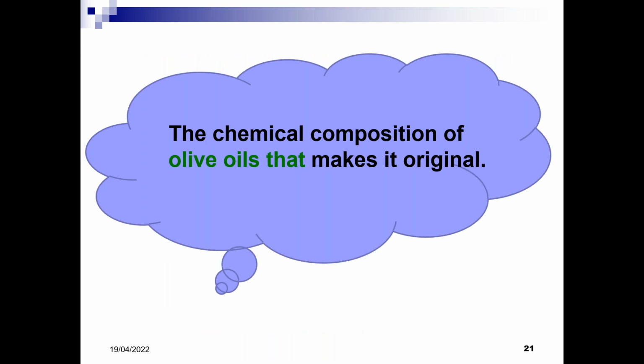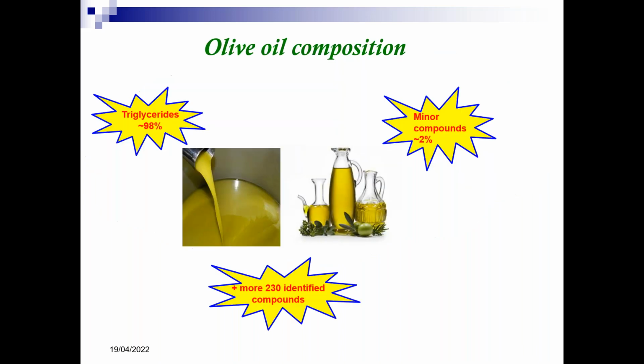Now we go to the study that is interesting for this conference. It is about the chemical composition and the analytical methods used to identify these compounds in this byproduct, the chemical composition of olive oil that makes it original. Olive oil contains about 98% triglycerides and another fraction of not more than 2%.